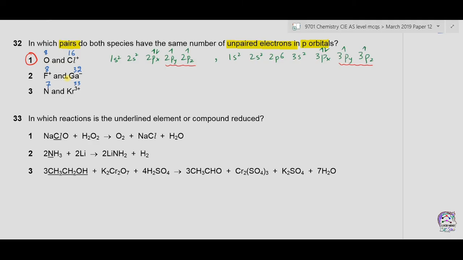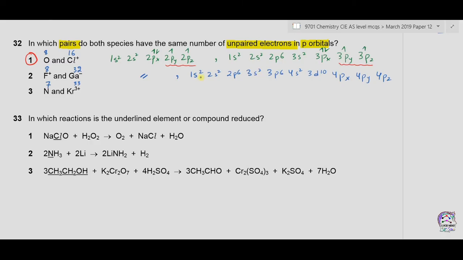Now moving towards the second option, we have F+. As fluorine positive has 8 electrons, the electronic configuration will be exactly similar to the oxygen atom, so it has 2 unpaired electrons. Now for gallium with 32 electrons, we have 1s2, 2s2, 2p6, 3s2, 3p6, 4s2, 3d10, 4px, 4py, 4pz.